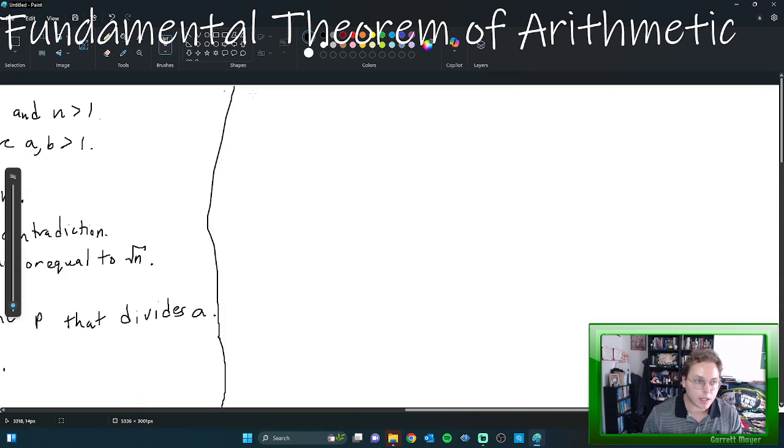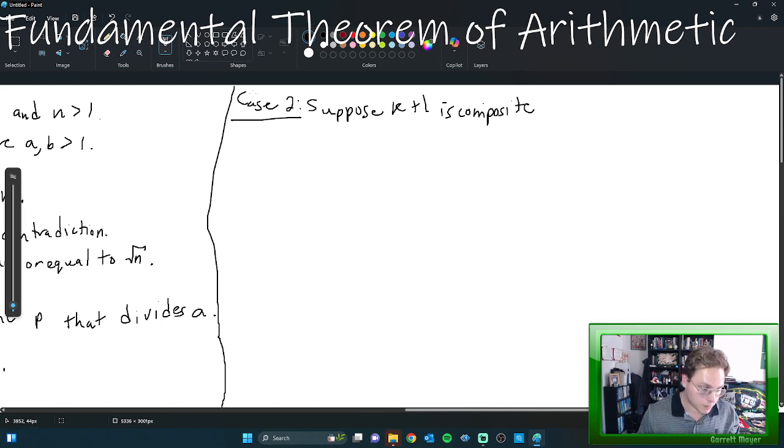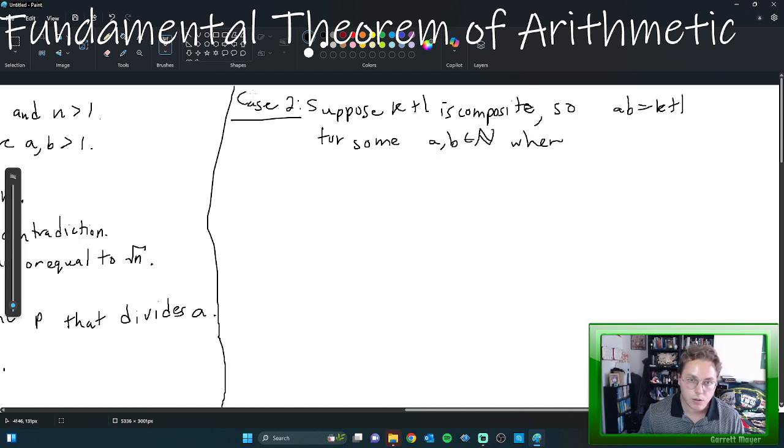And then the second case that we're going to go over is, suppose k plus 1 is composite. So AB equals k plus 1 for some A, B that are naturals, where 1 is less than A, B is less than k plus 1.